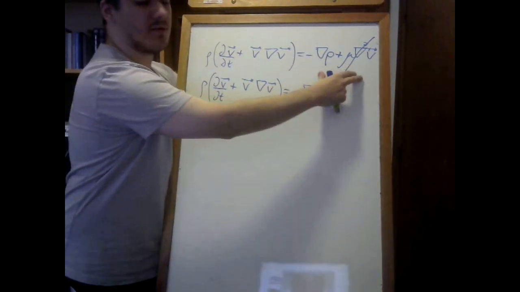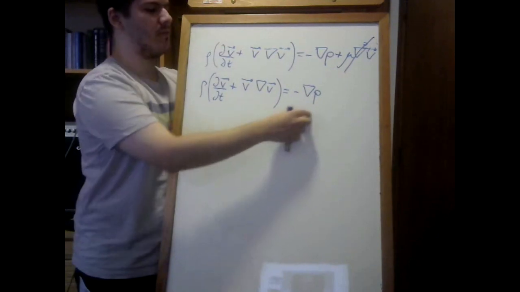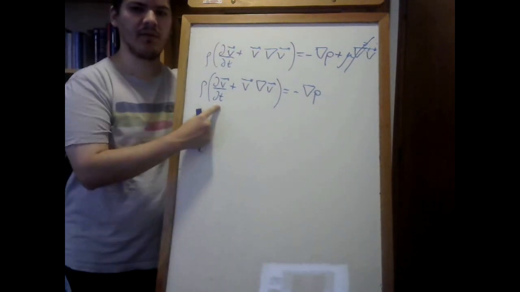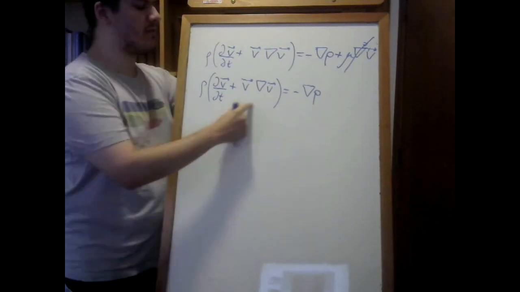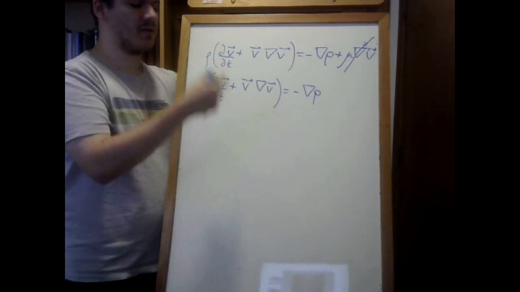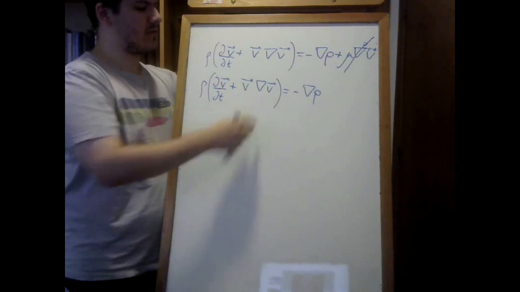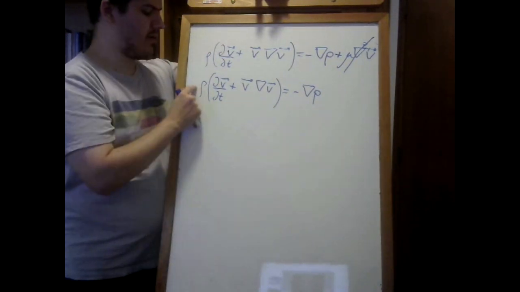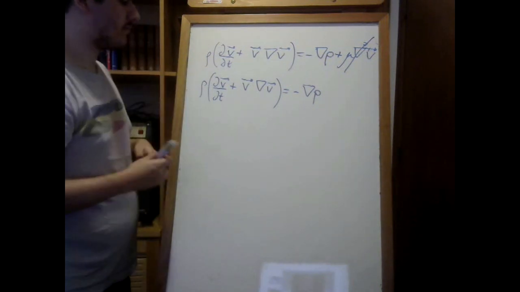We neglect the viscous forces, and now we are left only with the pressure forces. Here we have our temporal acceleration and our convective acceleration term. And here, of course, is our velocity, and here pressure and density, right?